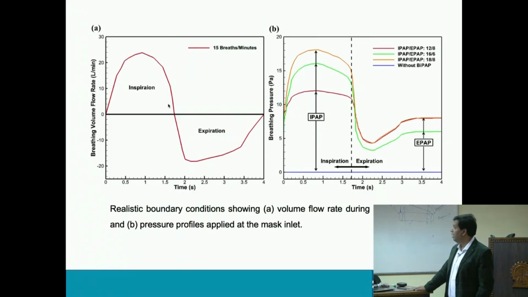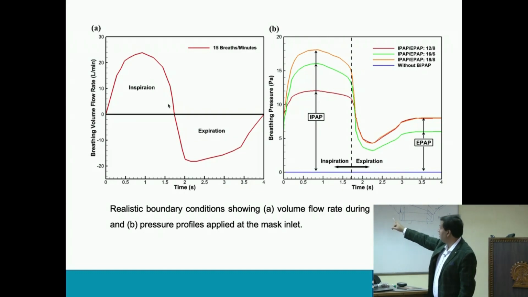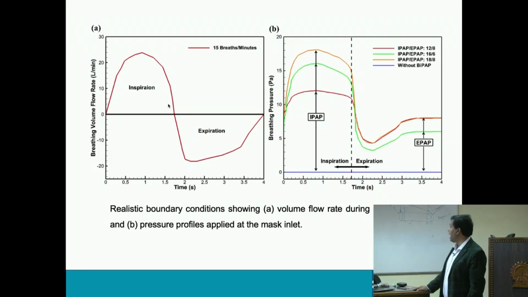So you can see here the breathing volume flow rate at the time. That is the input we got, and now these are the parameters we applied. We applied three pressures. It's called the IPAP and EPAP. What is IPAP?